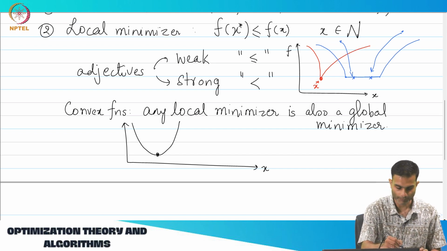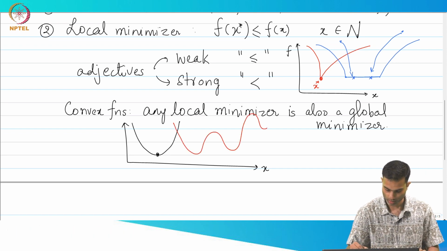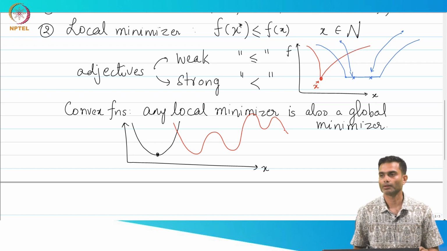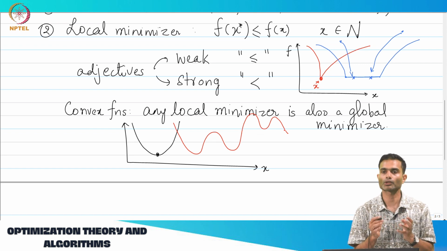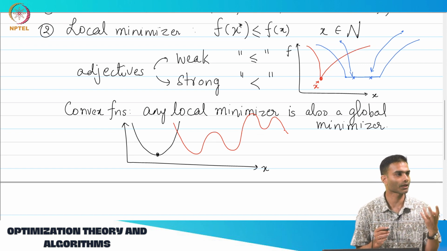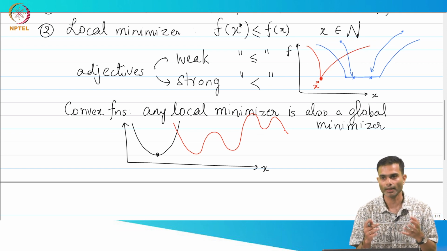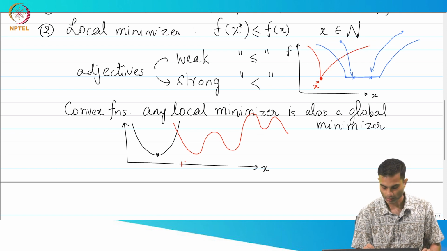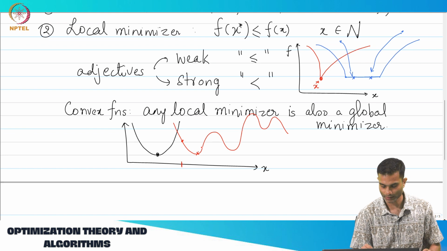On the other hand, if my function looks a little bit like this, right? Now, the kind of techniques that we will do, they all are kind of local optimization techniques. If you give me a starting point, I'm going to travel by using some recipe and reach a minimizer. So if I started from here, from this value of x, that is on this value of f, I will land up here.